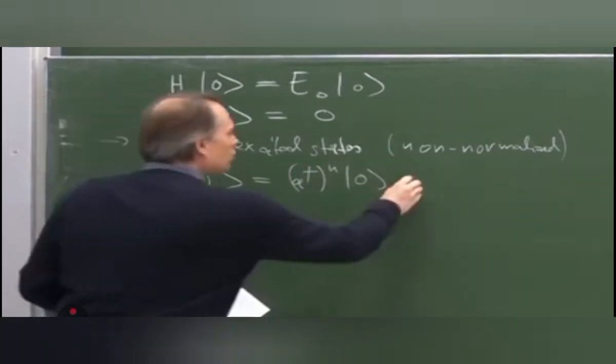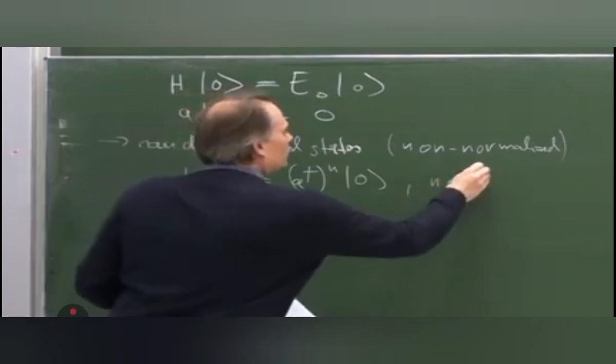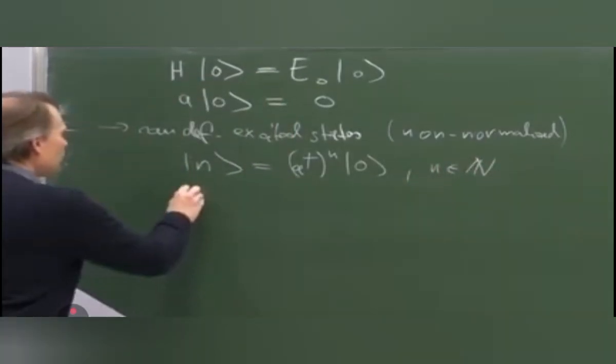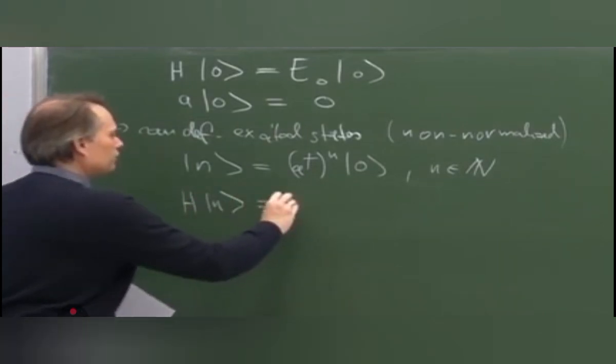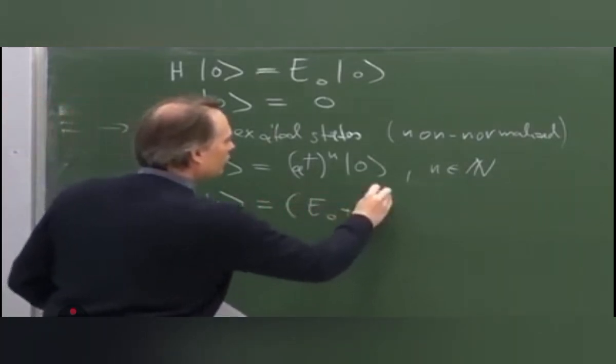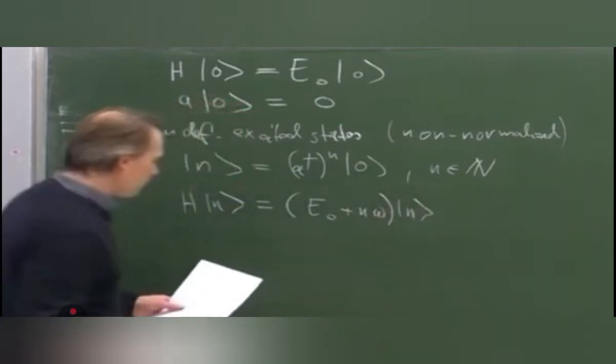We can do that for all n. And we know that they are energy eigenstates with the eigenvalue E0 plus n times omega acting on n.